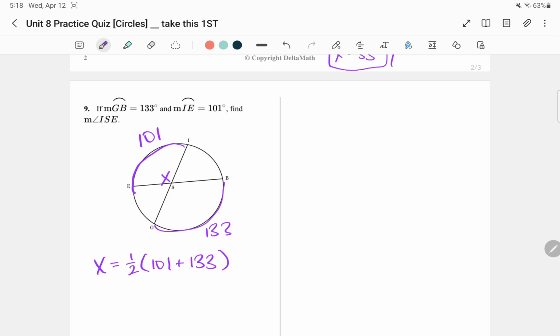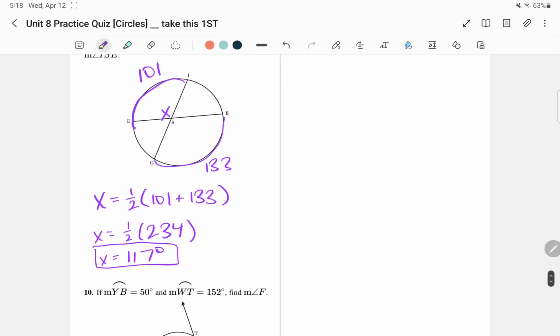If it's inside, right, which number 9 is going to be one that intersects inside, I'm going to take half the sum, which is, let's see, 101 plus 133 is 234. And then half of 234 is 117. Yes, 117. There we go. Make sure to put a degree symbol there.